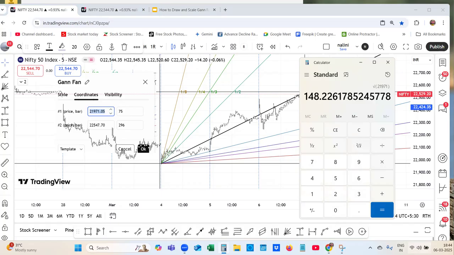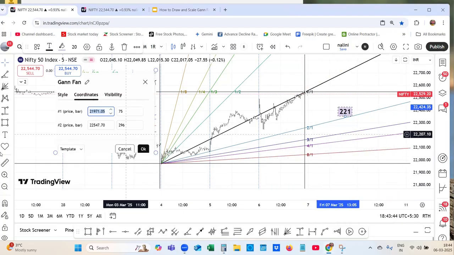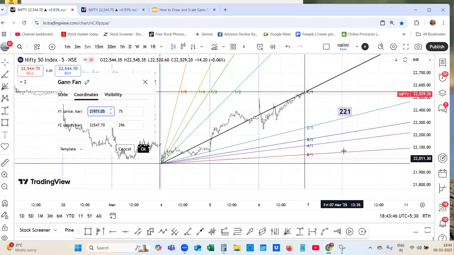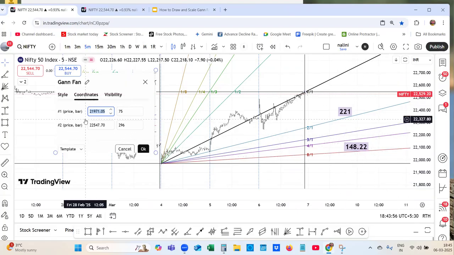We are finding the square root. So we are getting the value 148.22. Okay, let me write it down. The value is 148.22. So I got the square root of the price.